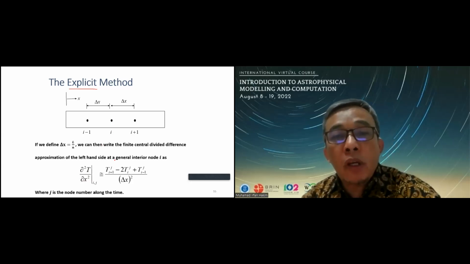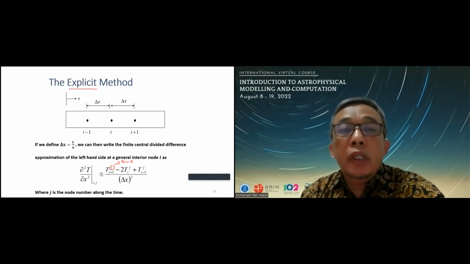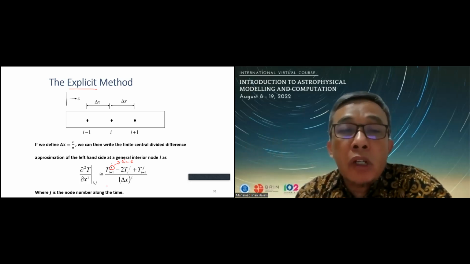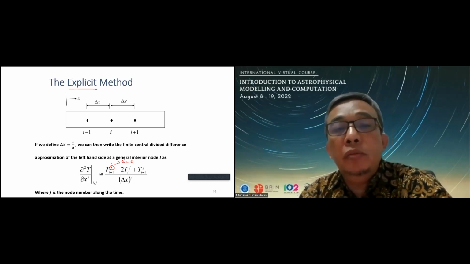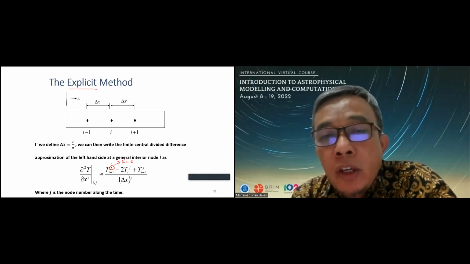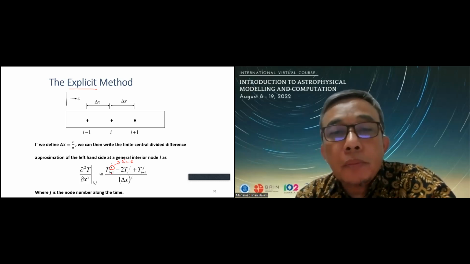The superscript here relates to time. So here we have the same time level j for calculating the second derivative; the subscript is different, i+1 or i-1.